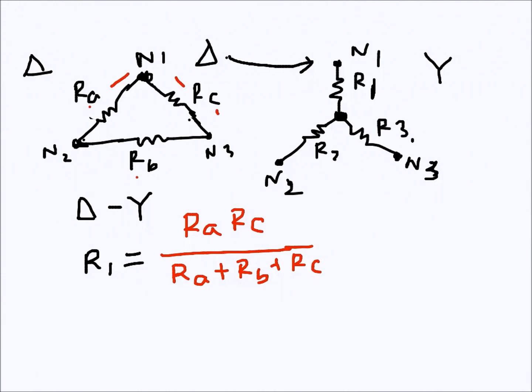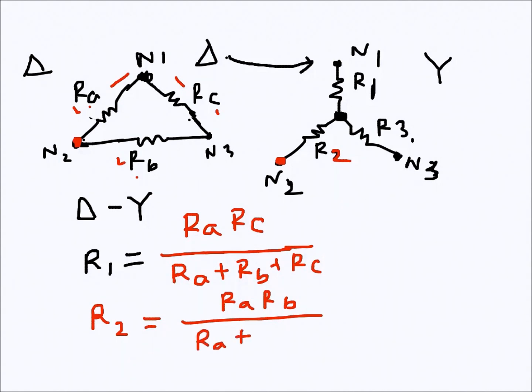Similarly, if it is R2, I will keep using the red one, R2, which is connected at N2. So if I look here, N2 is here, which has RA and RB connected to it. So RA and RB, this is how we can remember. And then again, the denominator is the same, RA plus RB plus RC.